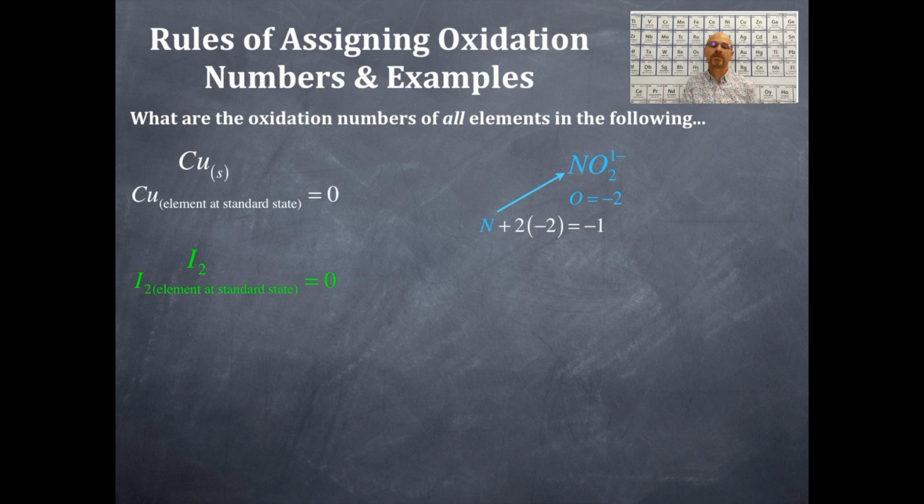Therefore, the sum of these is all equal to the charge on that polyatomic ion. So now we're going to say nitrogen - 4 is equal to -1. We're going to solve for this nitrogen. We're going to add 4 to both sides, and then we get nitrogen as a +3. So the oxidation state for this nitrogen is a +3.